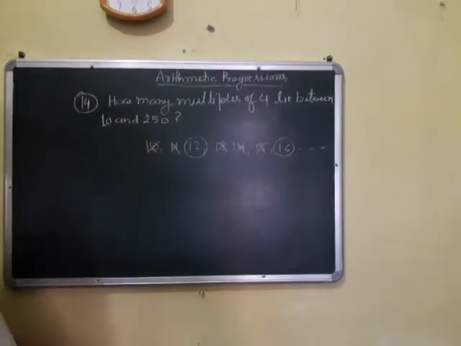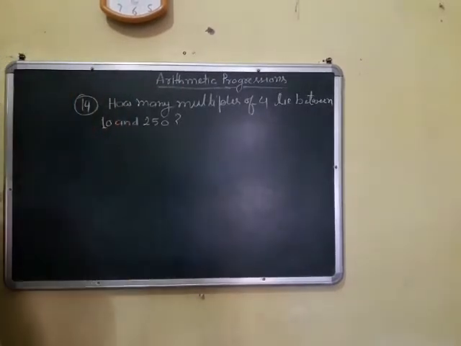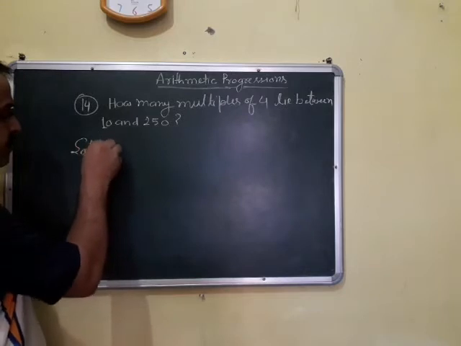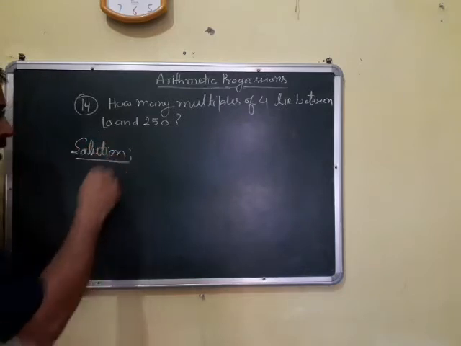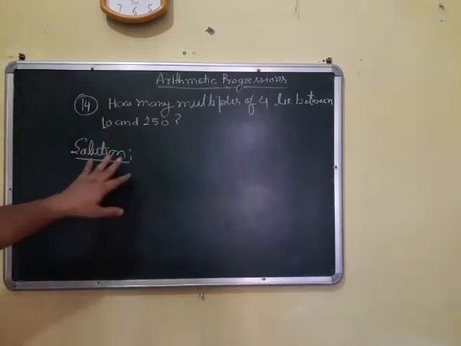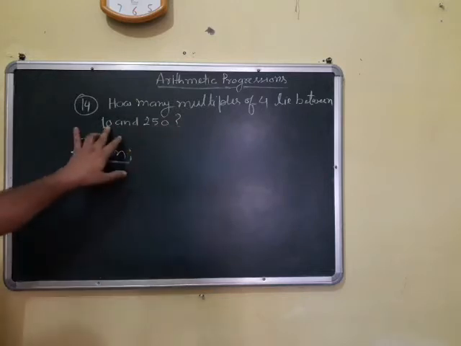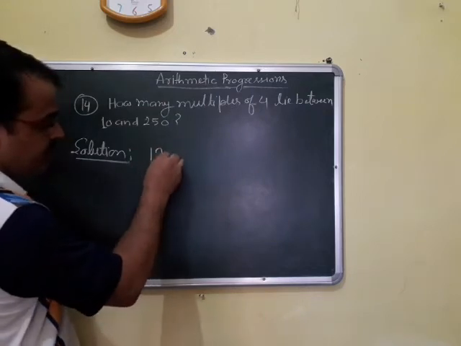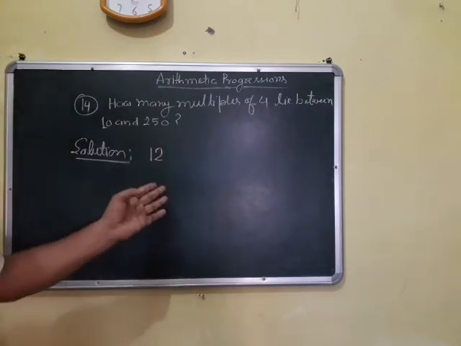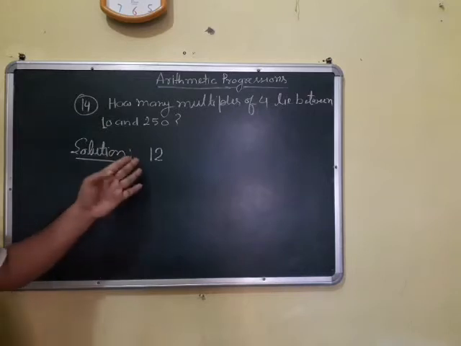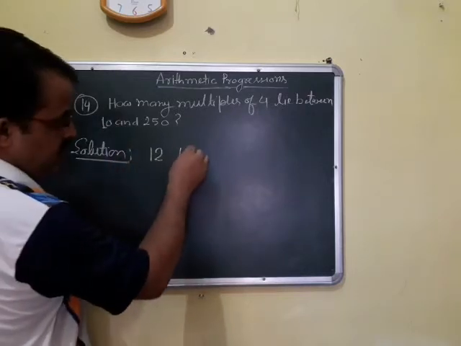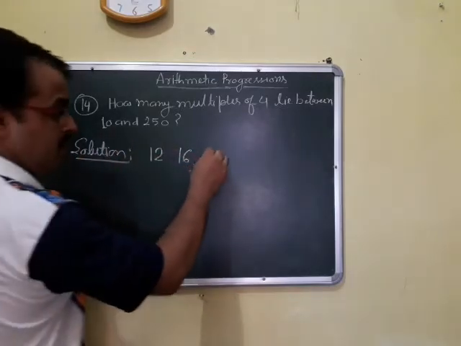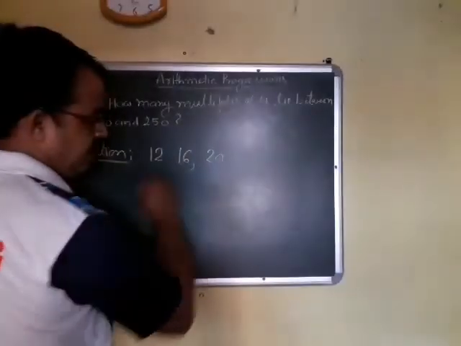So now we find the solution here. Solution: find the first multiple of 4 between 10 and 250. The first one is 12, and the second one is plus 4, 16, plus 4, 20.